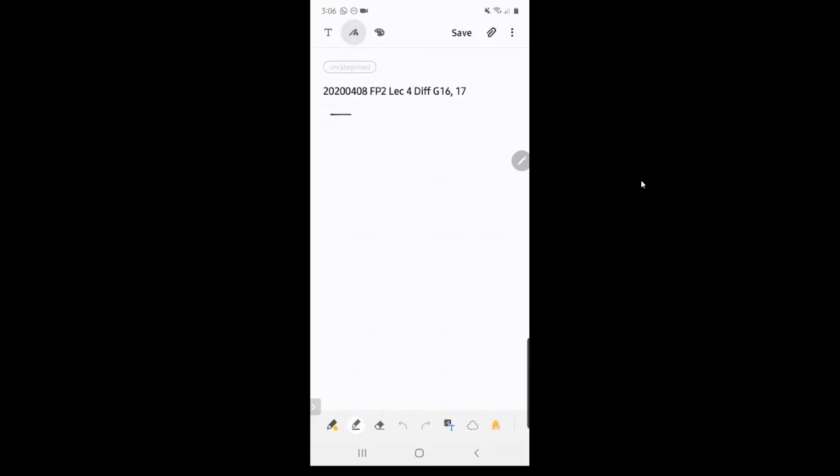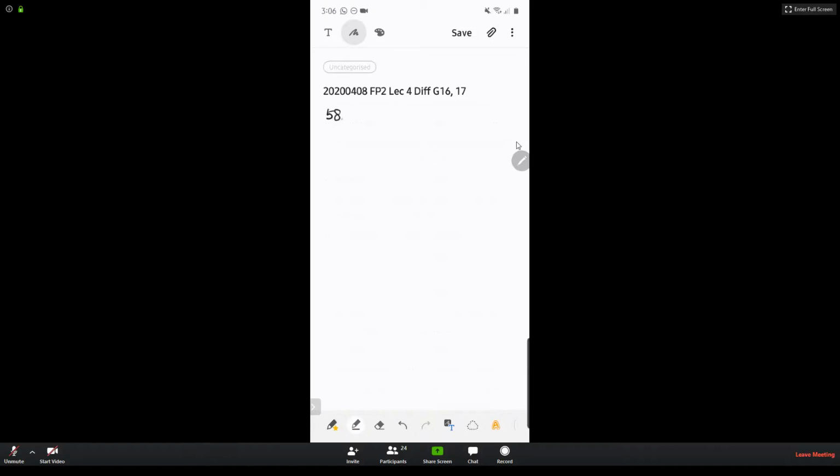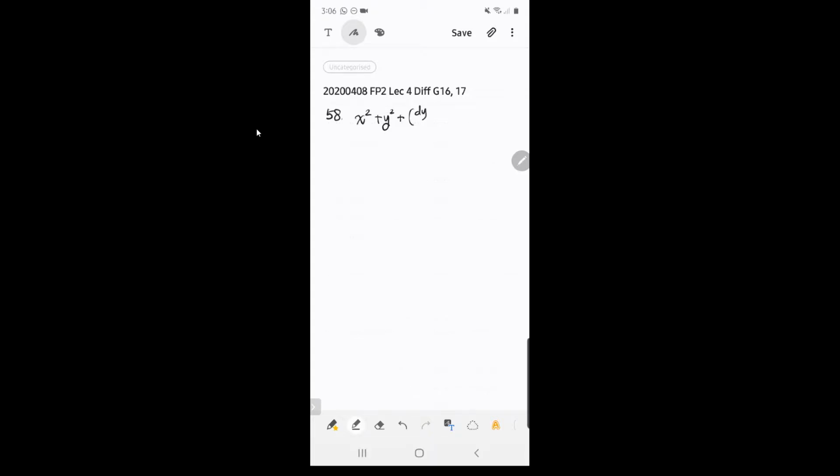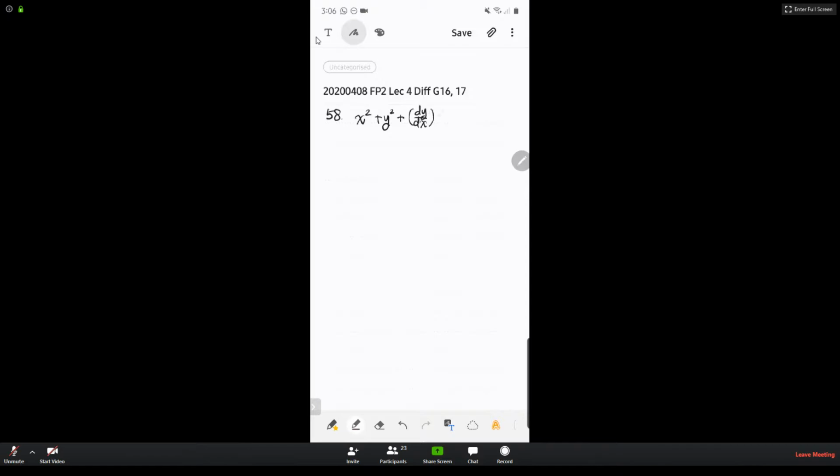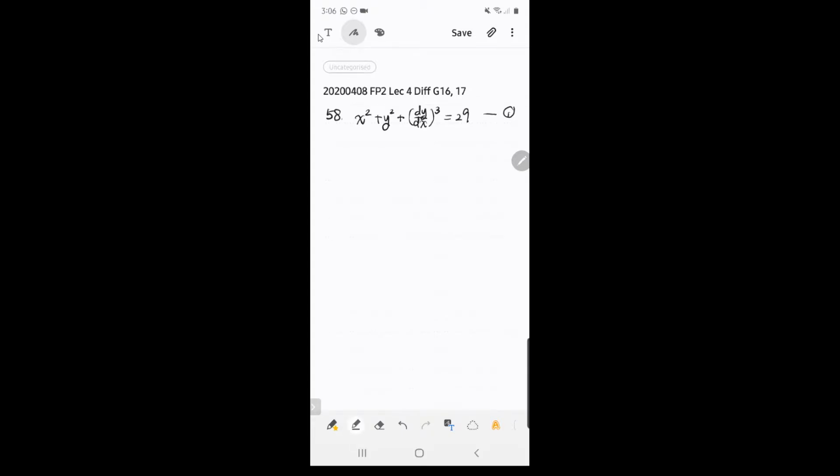We have the equation x squared plus y squared plus (dy/dx) cubed equals 29. Let's call this equation 1, and we are given the point: the curve passes through the point (1, -1).